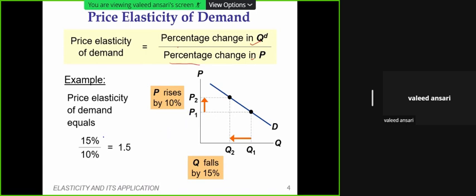Now, if the price increases by 10%, and quantity demanded falls by 15%, it means that elasticity is greater than 1. It means that demand is more sensitive to the change in price. If it was just 1, it means the magnitude of the change in quantity demanded is the same. If it was lower than this, then it means that the sensitivity of demand is there, but it is less than the change in price.